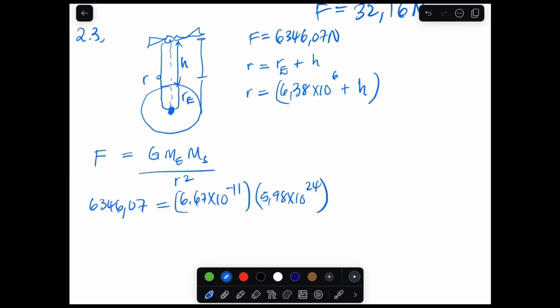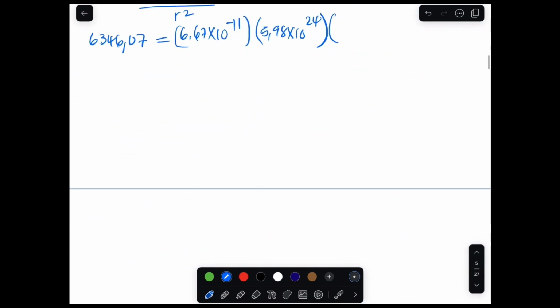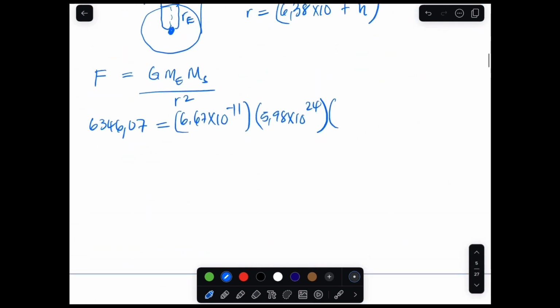It's a constant. And then the mass of the satellite we're given, it's 650 kilograms.